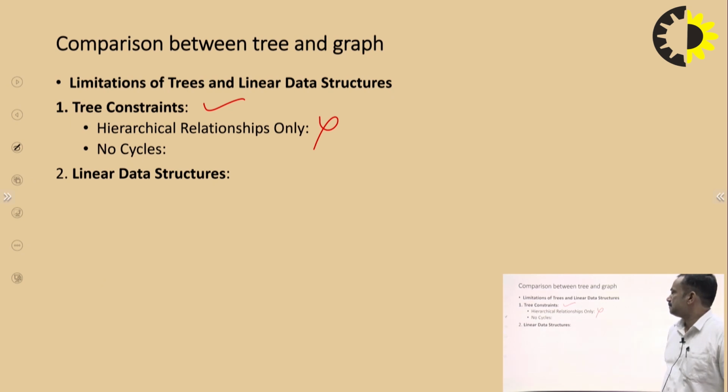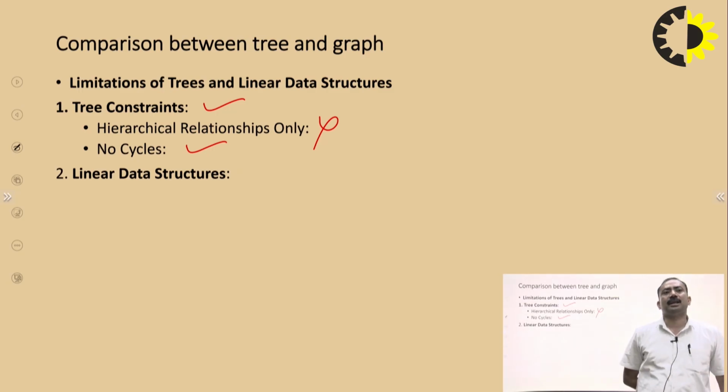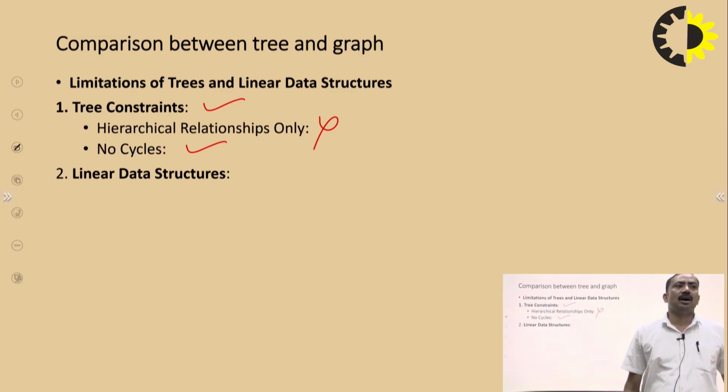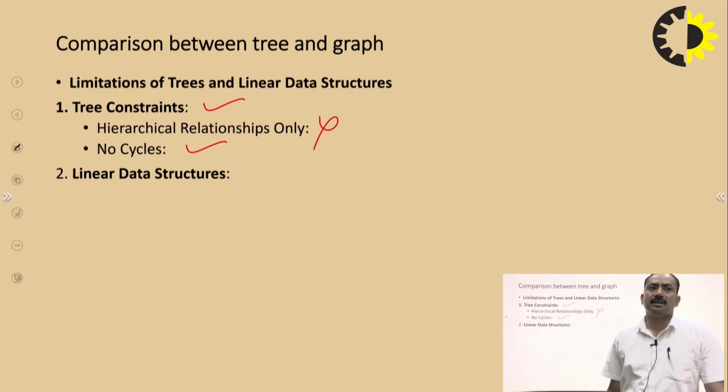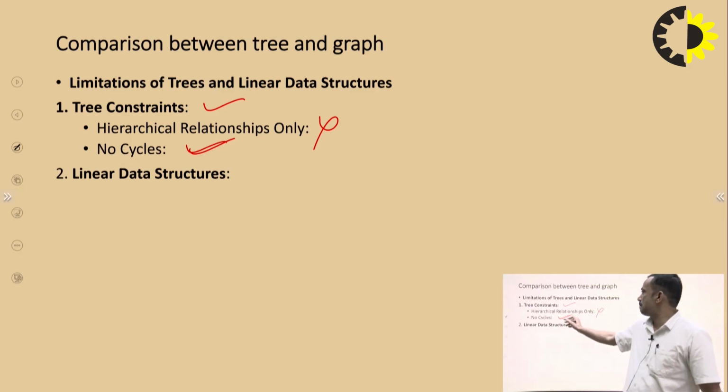Also, no cycles. A tree does not allow cycles, which are necessary in many real world scenarios like circular dependencies or transportation routes. So this is also a limitation of a tree.